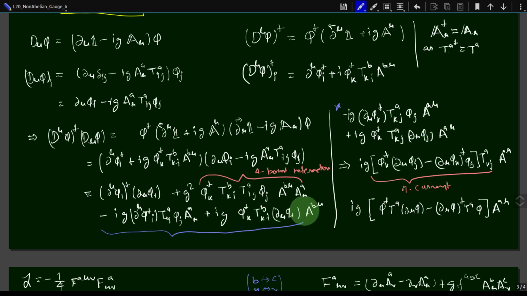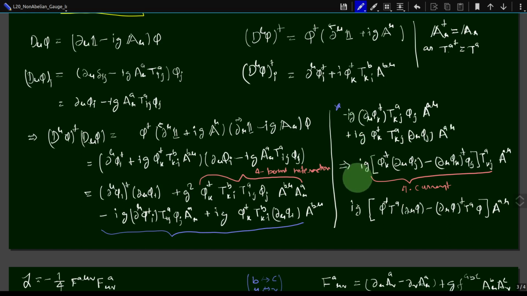Here also b was the index, so it is renamed as a over here. What was coming as t^b_ki, and here t^a_ij was there, but if you do the appropriate renaming of the dummy indices, both of these become t^a_kj. So I can take that common, and A_mu^a was also there, so I can take that common. It's just a simple repositioning of the summed index and renaming them.